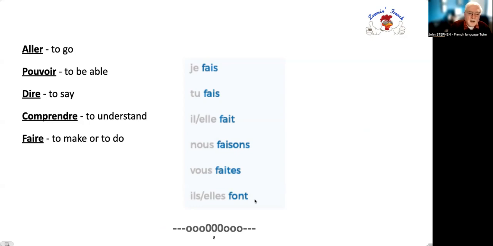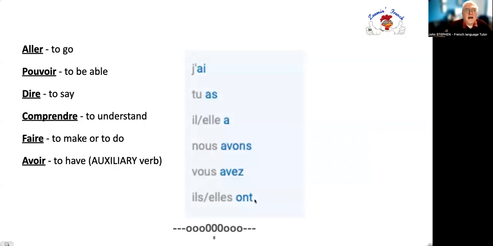Imagine there was an E there as opposed to AI. If there were an E there, it would be simple because the E is pronounced E. So nous faisons, then vous faites, then ils, elles font. So, je fais, tu fais, il fait, nous faisons, vous faites, ils font.